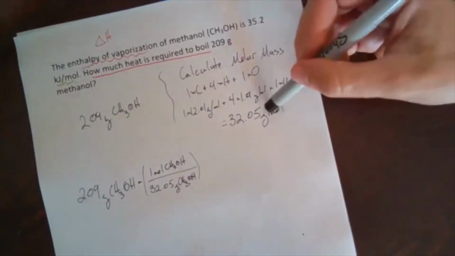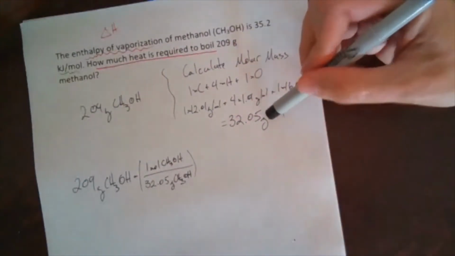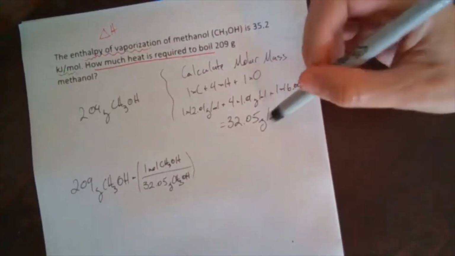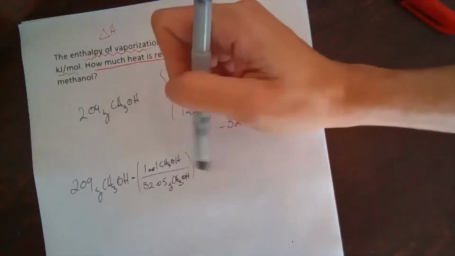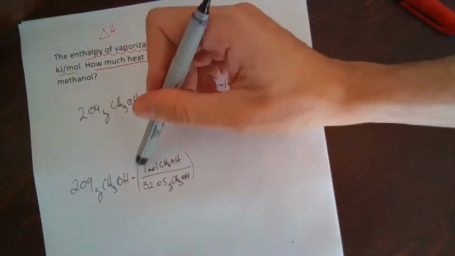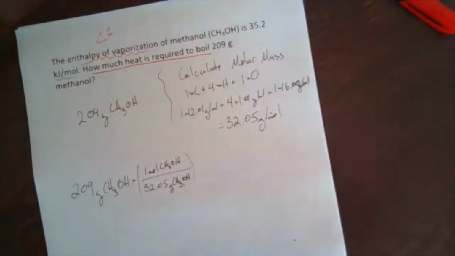We don't write the 1 on the mole, but whenever it's per something, there's always an implied 1 on that. And that number right there is exact. It has an infinite number of sig figs because it is exactly 1 mole of CH3OH that has an inexact mass of 32.05. So this would have 4 sig figs. That has infinite. We just don't worry about its sig figs.